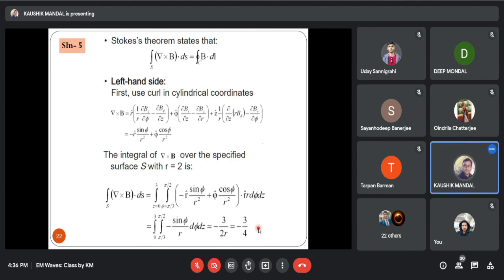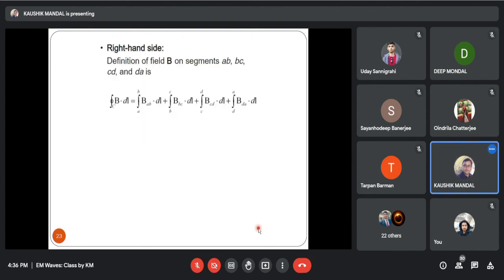Next, about the right hand part. Now the right hand part means the definition of the line integral. We know that we will consider the closed contour AB, BC, CD and DA. So that is the field vector B from A to B, from B to C and C to D in that way.